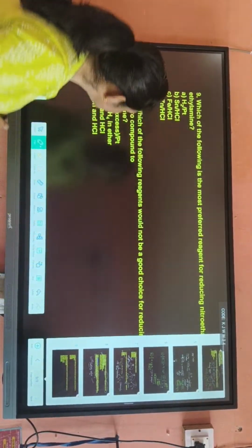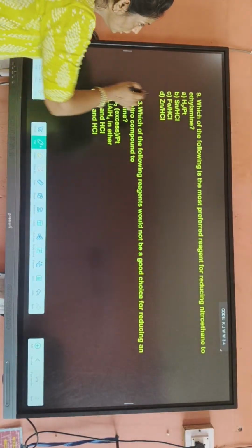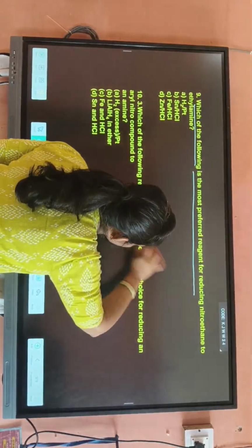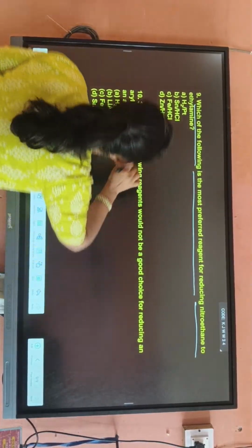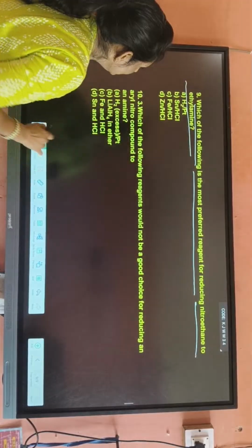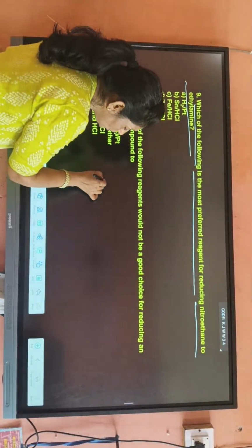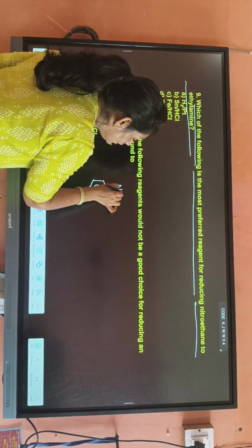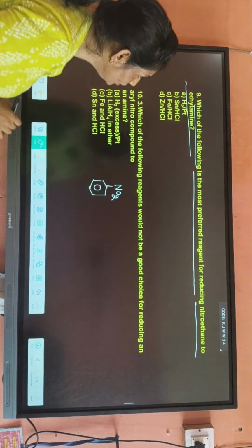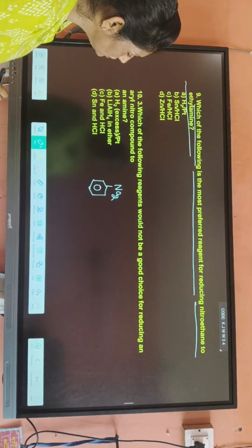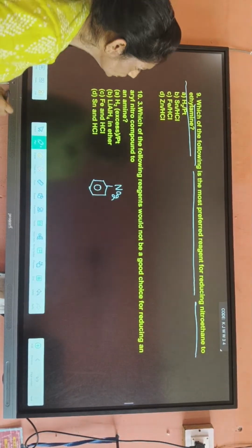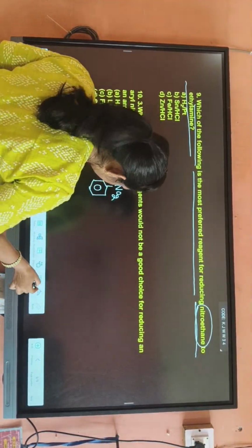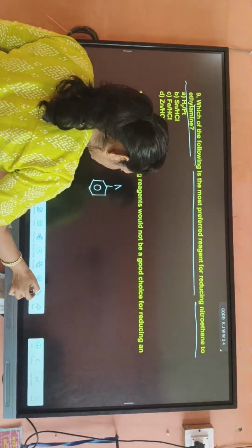Then students, next question is, which of the following is the most preferred reagent for reducing nitroethane to ethylamine? You are having nitrobenzene, sorry, benzene is also not there.